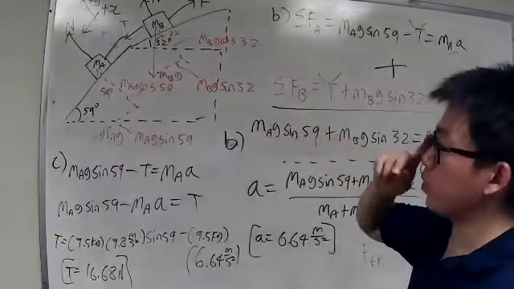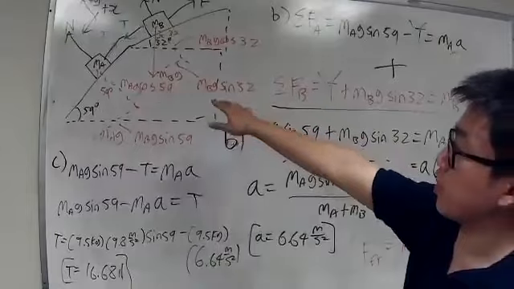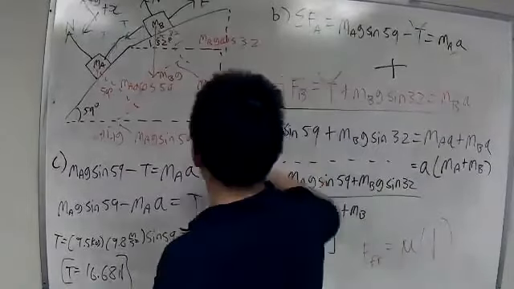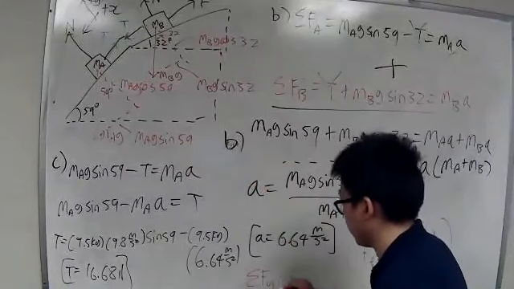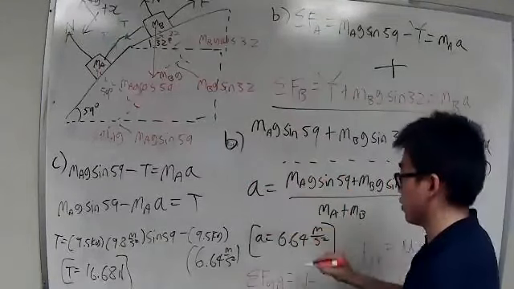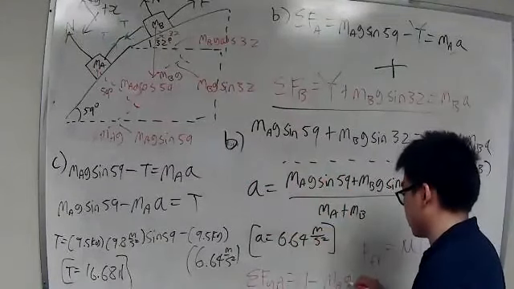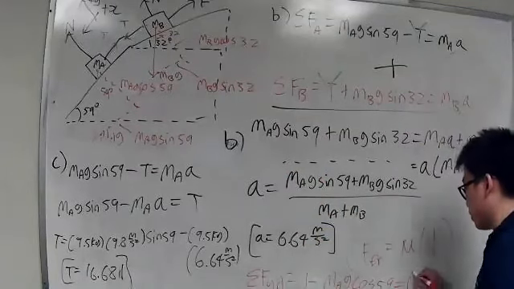If I wanted to find the normal force, I can just say N equals mg cosine, right? I can do the sum of forces in the Y for block A. I can say it's the normal force minus mg cosine 59.